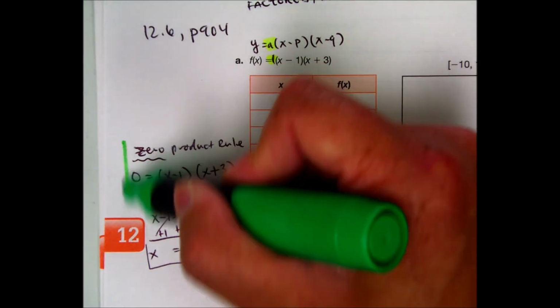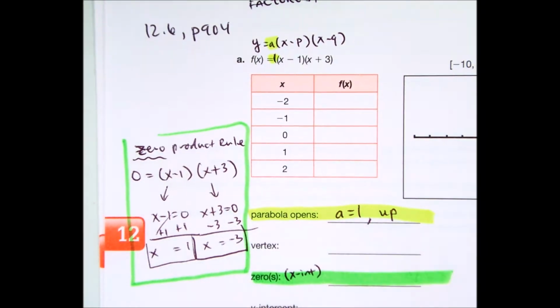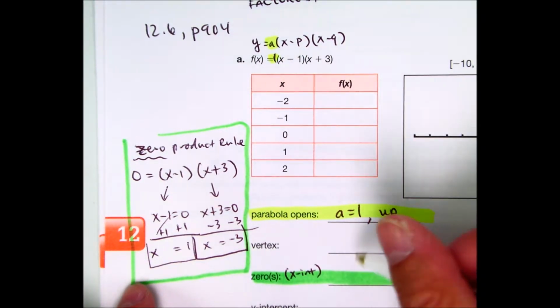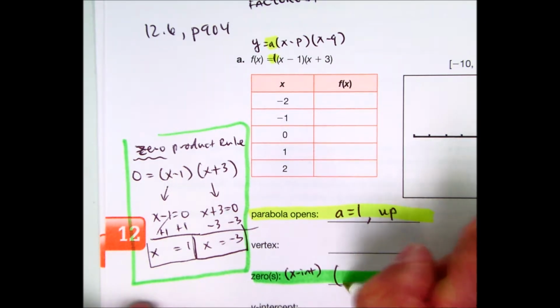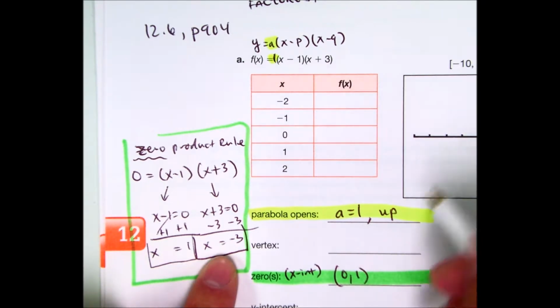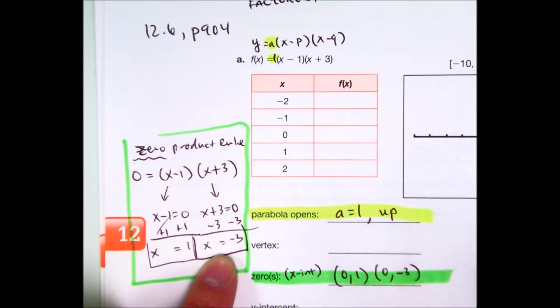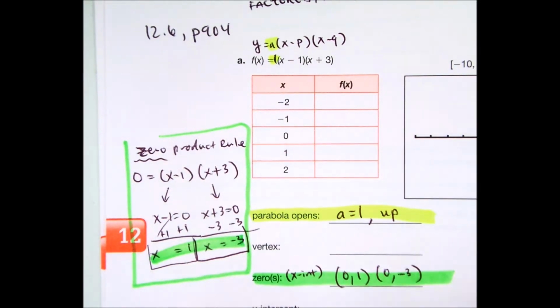So here, I used the zero product rule to help me find my zeros. Okay? I'm sorry, when your y value is equal to 0, you got 1, and you got negative 3. So we'll graph those in a second. So I got my yellow, I got my green.